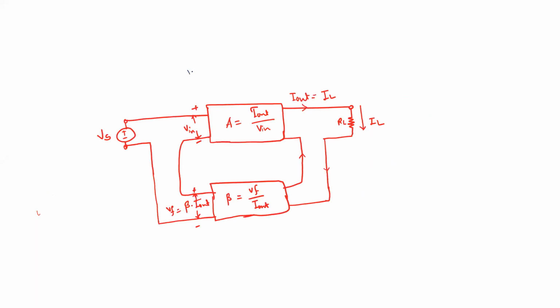So this Vin would be written as Vs plus minus Vf. So if your Vf is going to be subtracted from Vs due to the negative feedback, then you can write Vin is equal to Vs minus Vf. This is for the case of negative feedback.